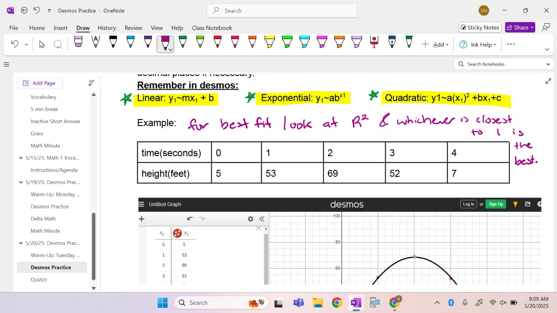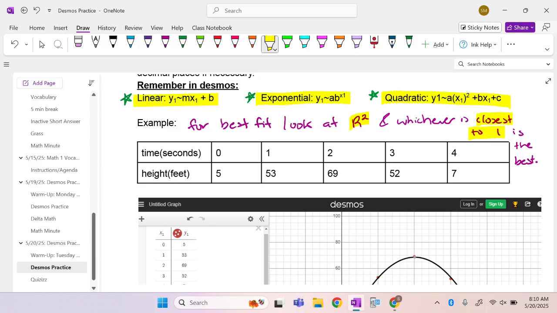All right. So you're looking specifically at R squared and you want it to be the closest to 1. So whichever one is the closest to 1. So if they ever throw that at you guys, like if they're asking you which one fits the best, that's how you find out.